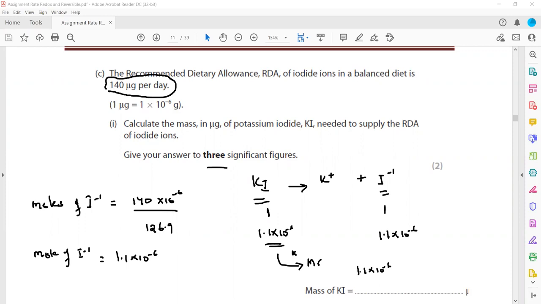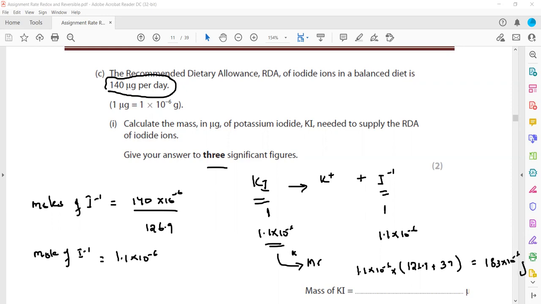It's 126.9, or you can say 127, plus the potassium mass, which is 39. So this will give you the mass in gram, which is about 183 into 10 to the power minus 6 grams.